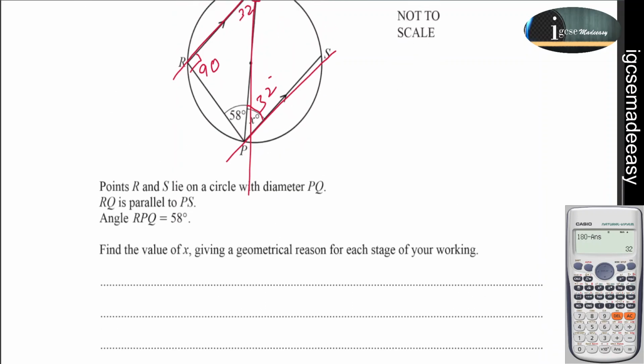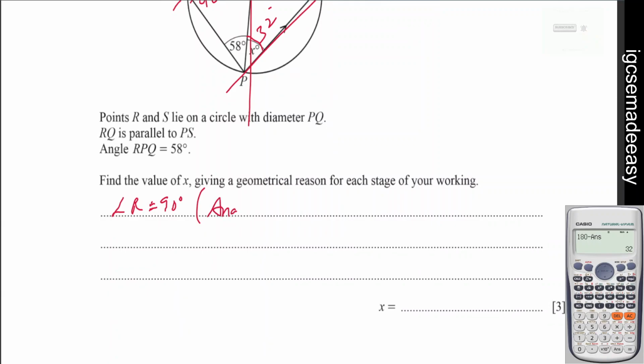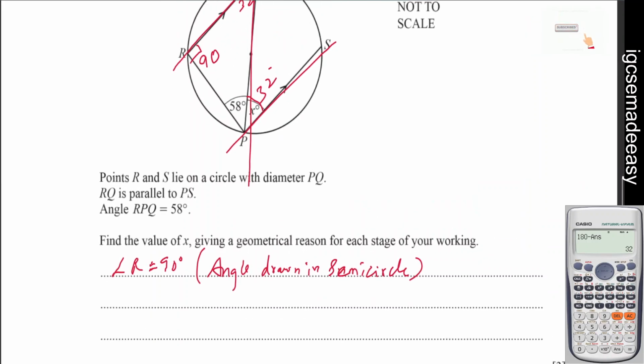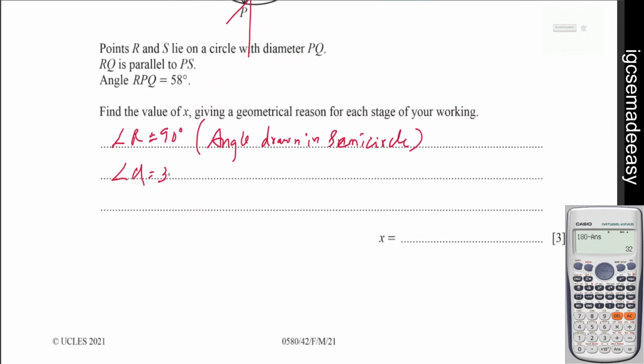So we have to show the workings for that. Angle R is 90 degrees. The reason you can write is angle drawn in a semicircle. And angle Q is 32, by the angle sum property of a triangle.